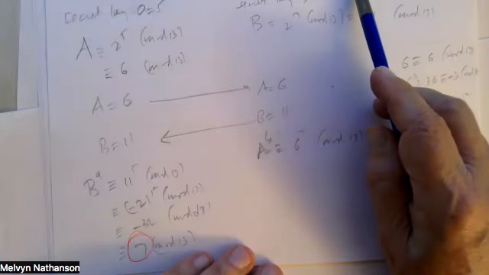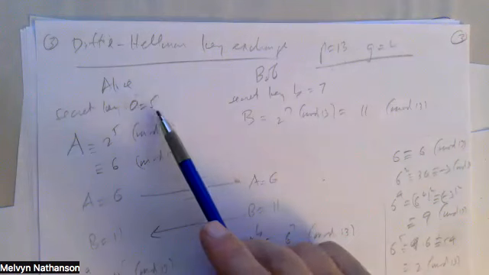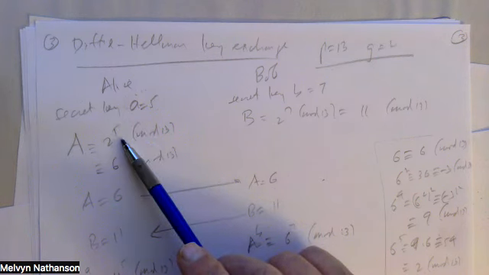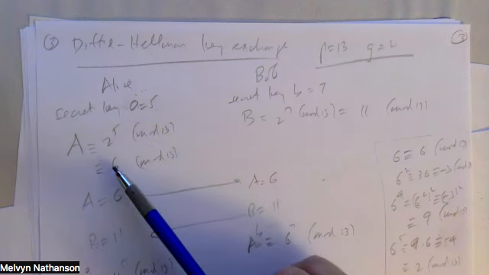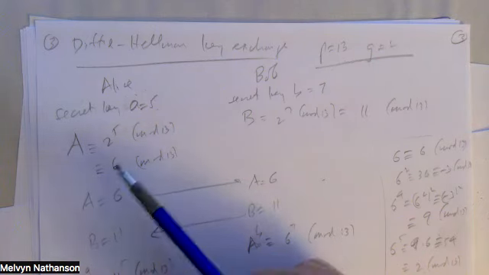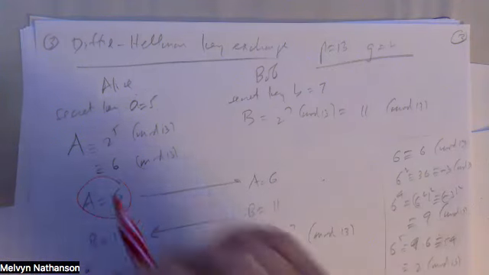So the prime p is 13. The primitive root is 2. Alice's secret number is 5. So she calculates 2 to the 5th mod 13, which is 32 mod 13, which is 6 mod 13. So the number that Alice sends to Bob is 6.